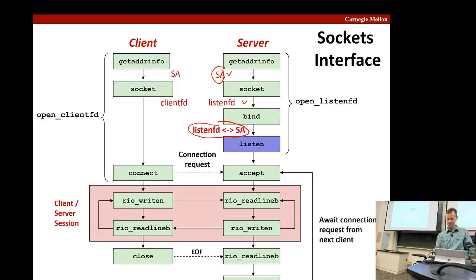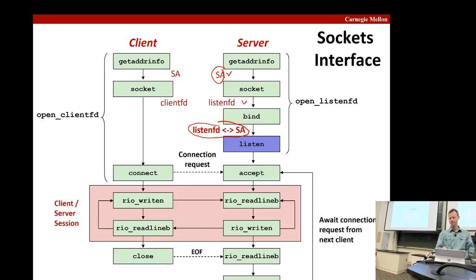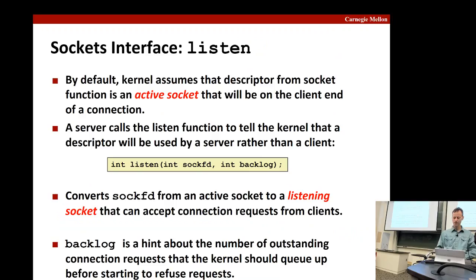And now the next thing the server calls is something called listen. This is interesting because the client and the server at this point, in terms of how their file descriptors were declared, are symmetric. There's no notion of who's initiating the call to whom. So listen is the one that turns it into something that's listening as opposed to active.